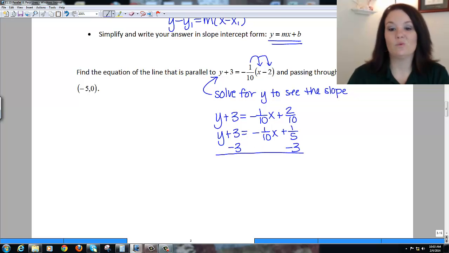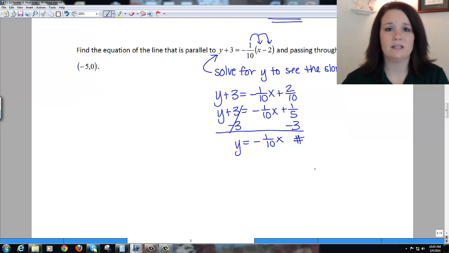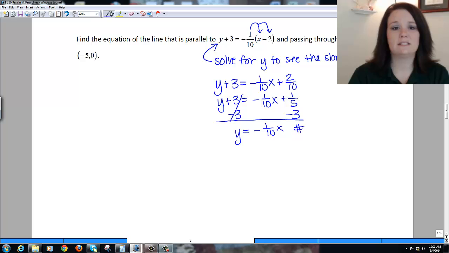Now again, I don't really have to work this out because I'm only concerned about my slope. So I'm just going to say y equals -1/10 x, and then over here this is going to be some number. But I don't care what that number is, because all I care about is the slope of this line. So notice the slope of this line is -1/10.